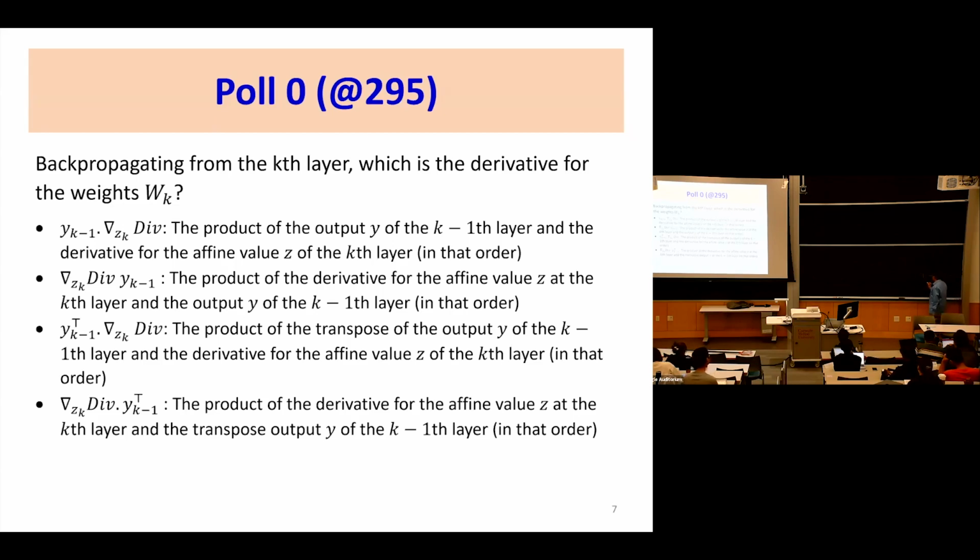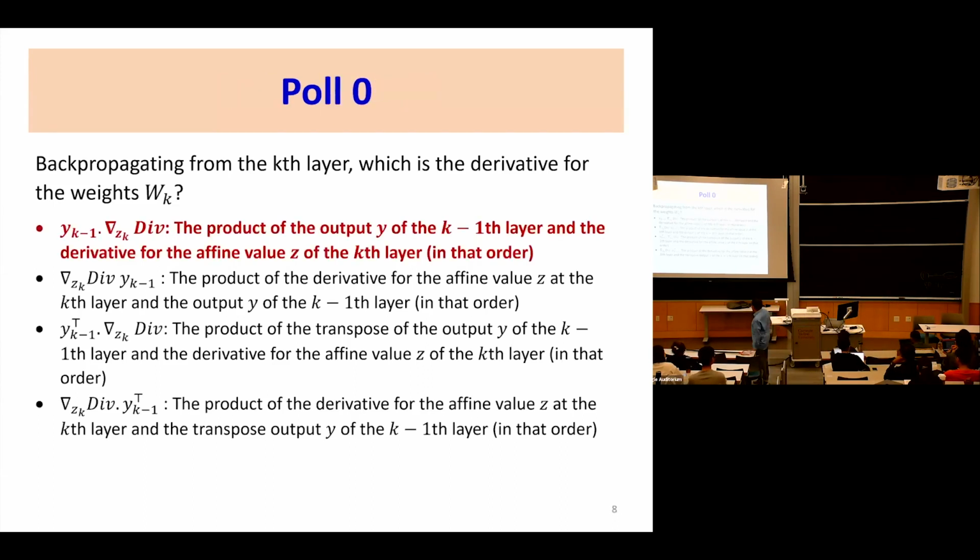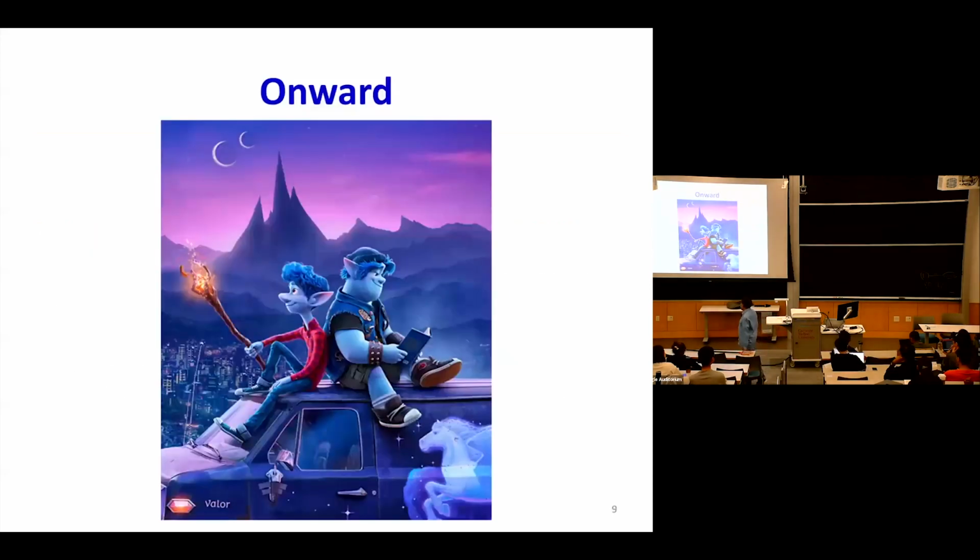And so we saw that the derivative of the divergence with respect to wk was this yk minus 1 times the derivative of the divergence with respect to zk. And we saw that this is a row vector, this is a column vector, the product of the two will be a matrix of the right shape, right? Any other operation is not going to give you a matrix. So this works. Anyway, moving on, right?